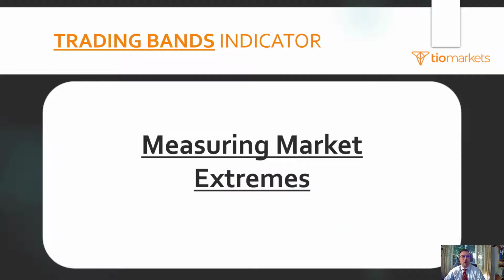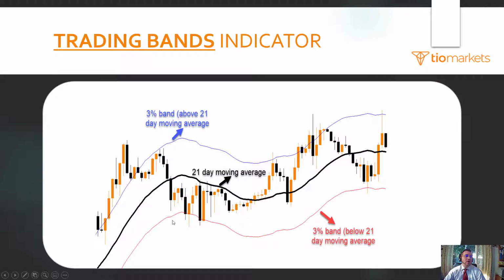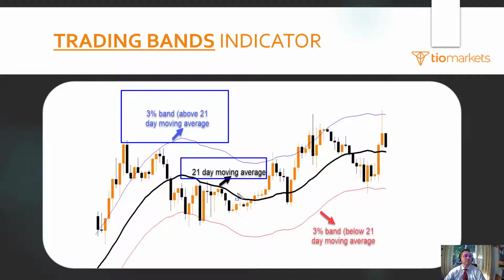So measuring market extremes, because again, we're looking to use the trading bands or the envelopes to measure the extremes in the market. So here you can see the 3% band above the 21-day moving average, and the 3% band below the 21-day moving average.